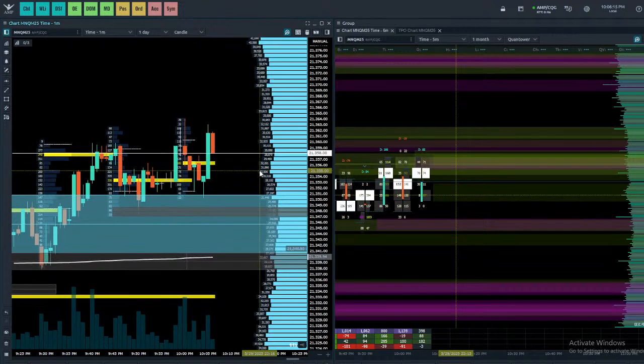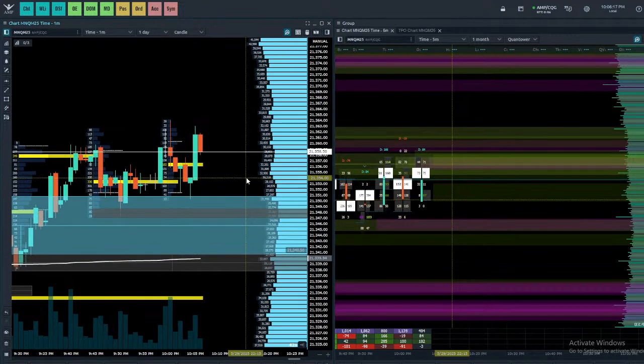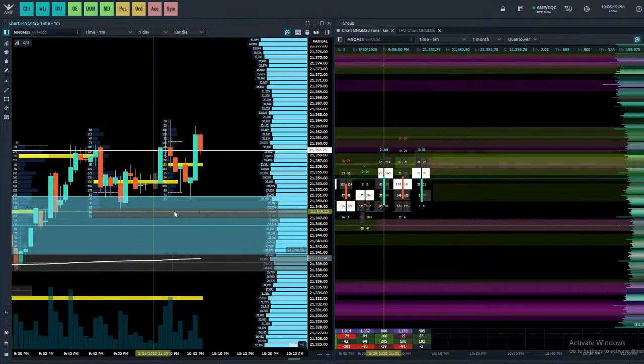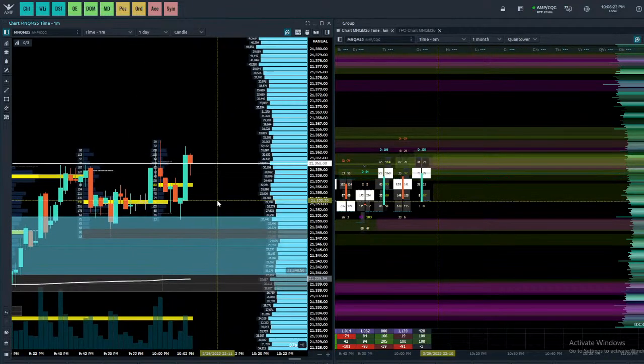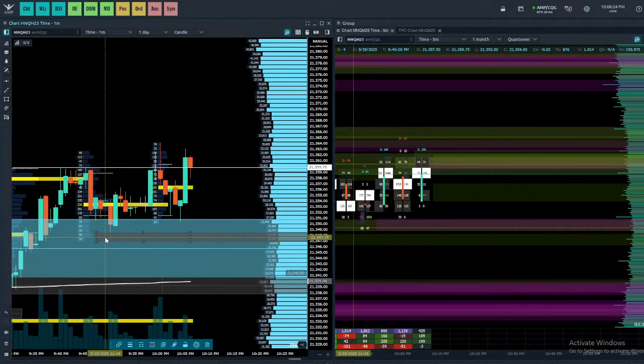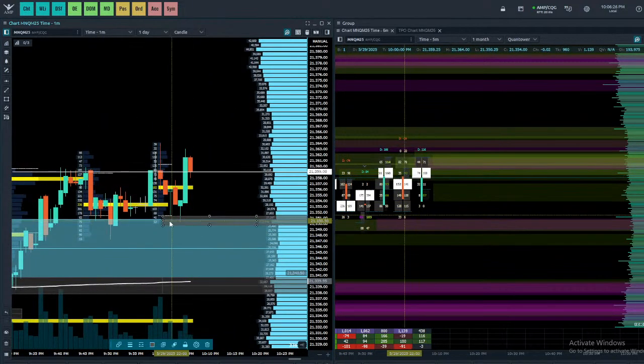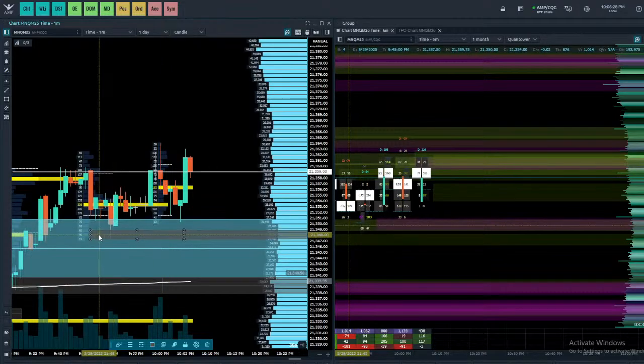Yep. Like we're supporting this as a retest. Like price might not be moving back down.